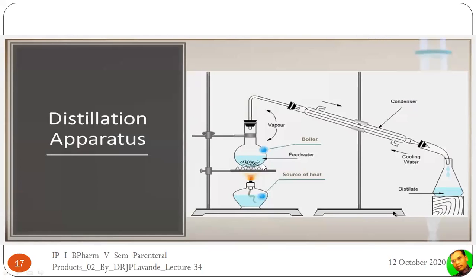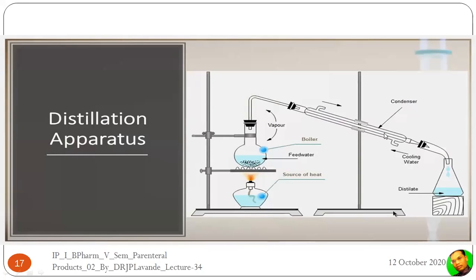The water that is fed into this round bottom flask is heated, and a suitable headspace is maintained. So water will get converted into vapor and the non-volatile content will remain here only, whereas the converted vapor will pass through this condenser.